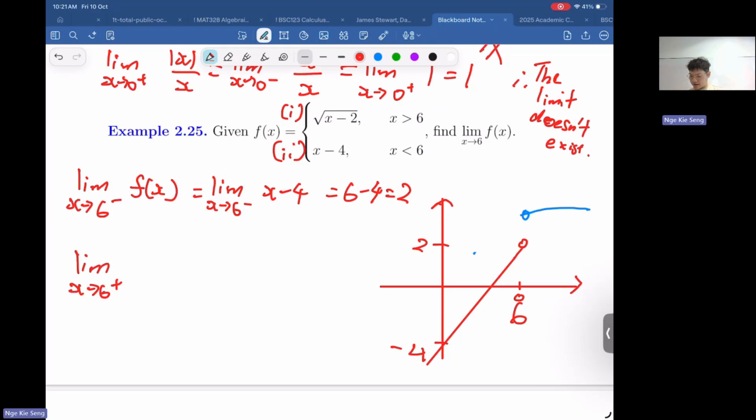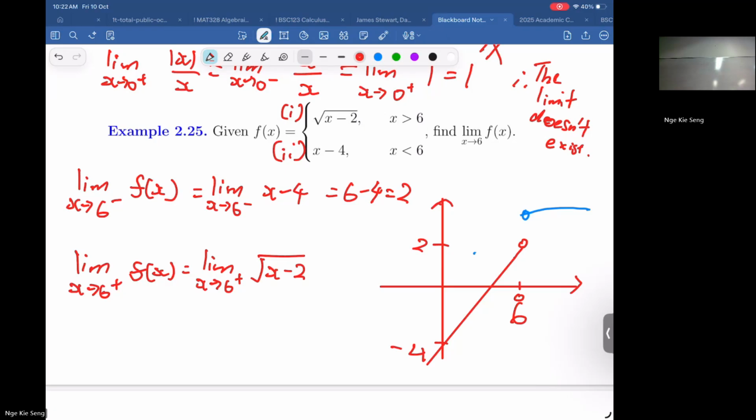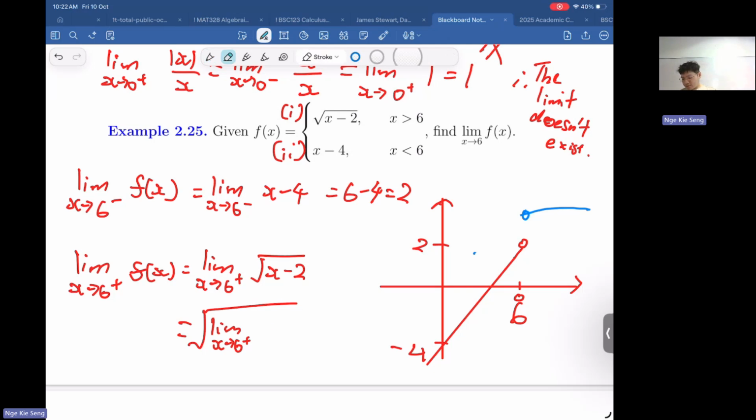Okay, let's do the other side. If I approach from the other side, this function changes, it will become the square root function. Sorry, yeah, this is plus. Does the limit commute? Because the limit of x going to 6 plus of x minus 2 is 4, the limit exists, so we can commute. We can bring the limit into the square root, which is x minus 2.